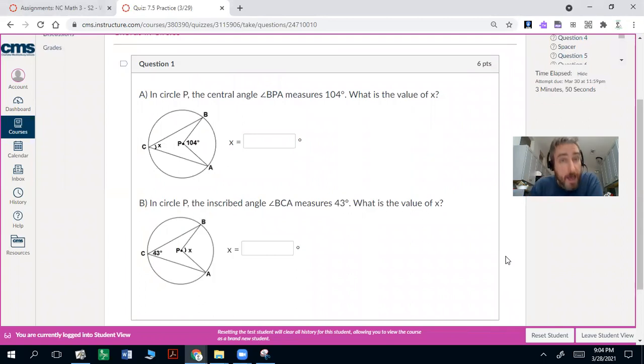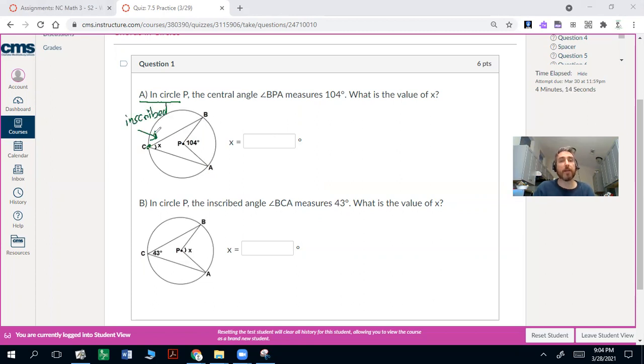I will do A, you can try B. So A, in circle P, the central angle, angle BPA, is 104 degrees. What's the value of X? Well, X is the angle that's on the circle. This is the inscribed angle.